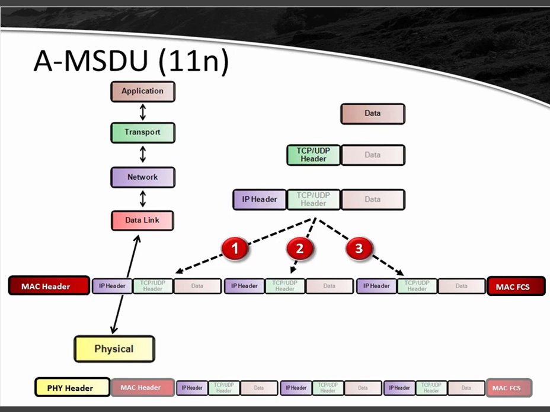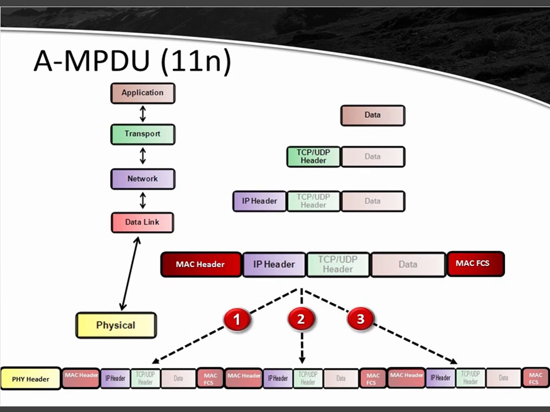The MPDU, remember, is what comes out of the MAC layer. Well, 11n also introduced the aggregated MPDU. In this case, we're taking entire MAC frames, multiple MAC frames, and sending them in a burst at the physical layer. So notice that we have not just 3 IP headers, but we have 3 MAC headers, and we have 3 MAC frame check sequences.